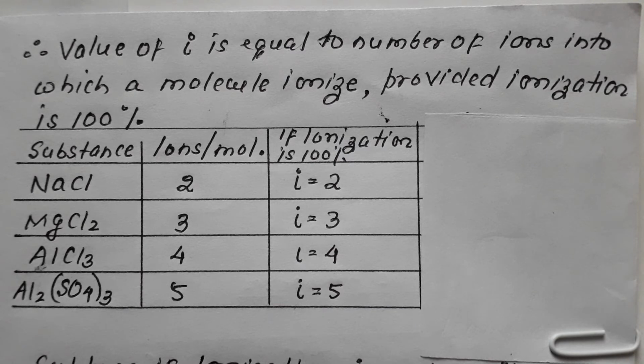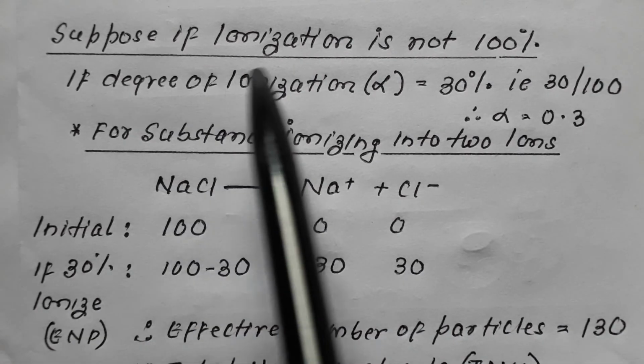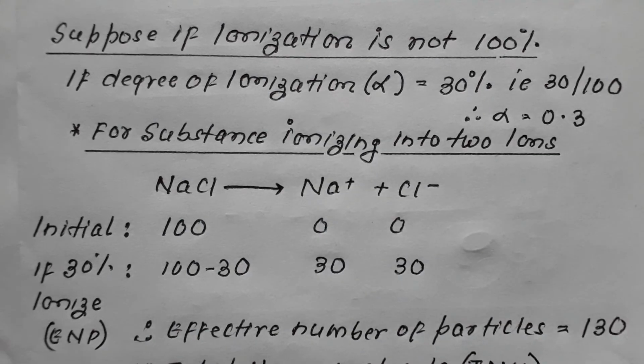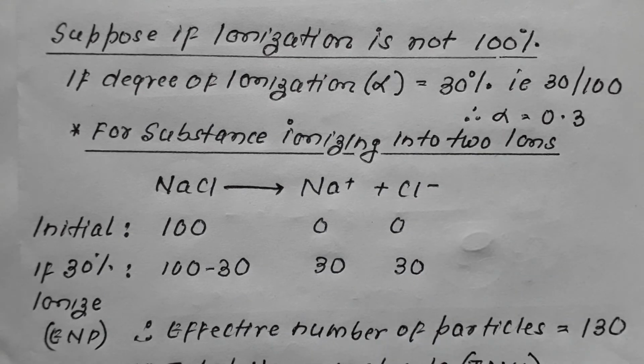But if ionization is not 100%, the substance which is used as solute does not undergo 100% ionization, then what would be the value of i?